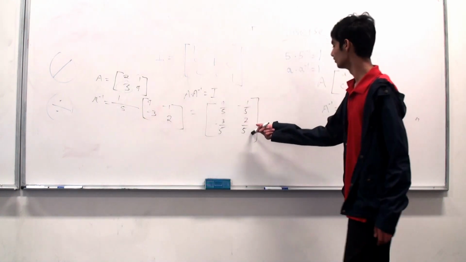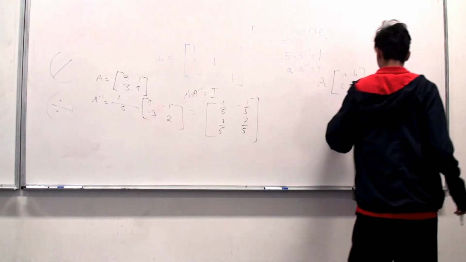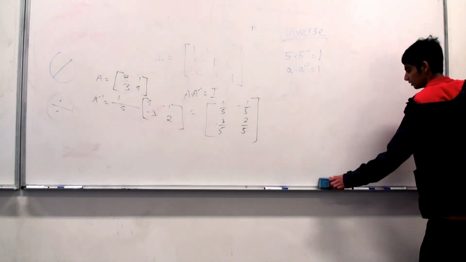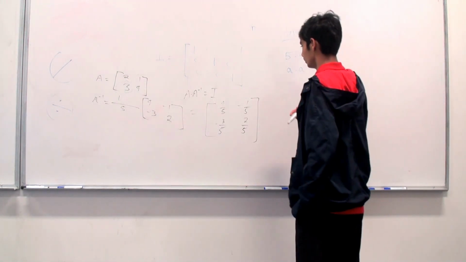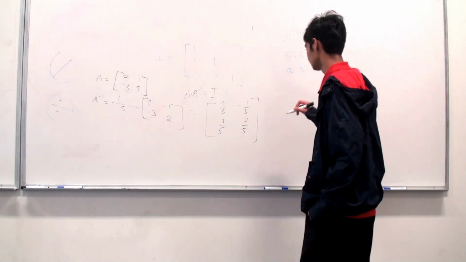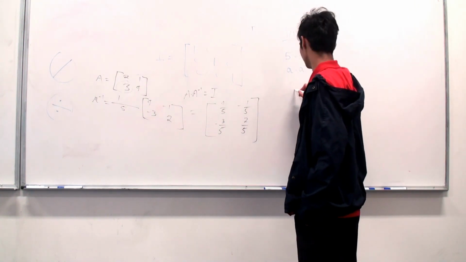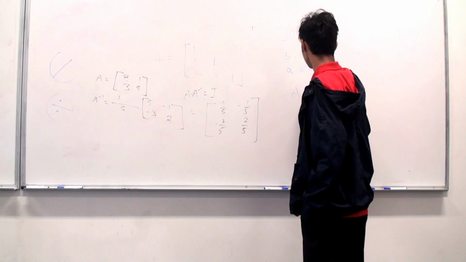So that's our A inverse, and you can check by matrix multiplication. If you multiply A and A inverse, you will get the identity matrix, which will be a 2 by 2 matrix. So, do you want to do the multiplication? No? Okay.